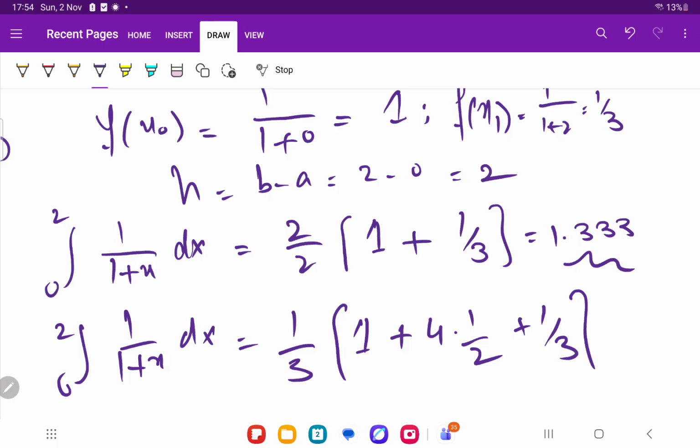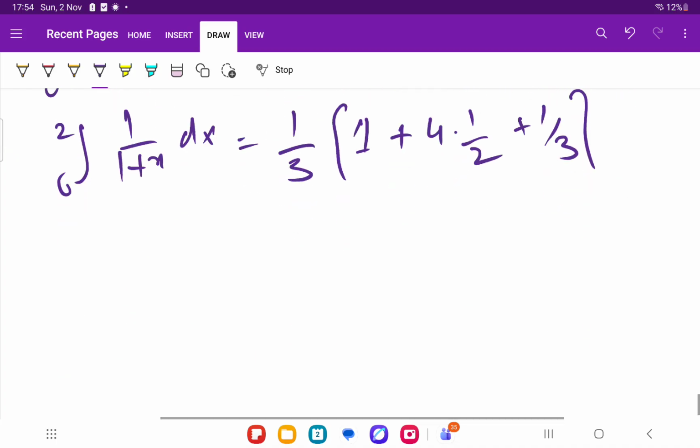Yeah. 1 by 2 for f of x1. 1 plus 1 to the power of minus 1. Yeah, 1 over 1 plus x. x is 1, the midpoint is 1, x1. So 1 plus 1, 1 over 1 plus 1 is 2.